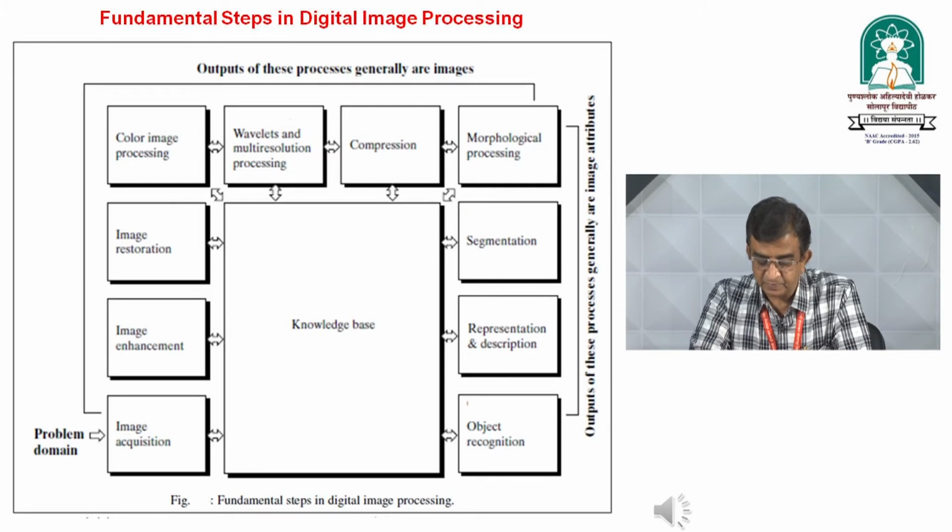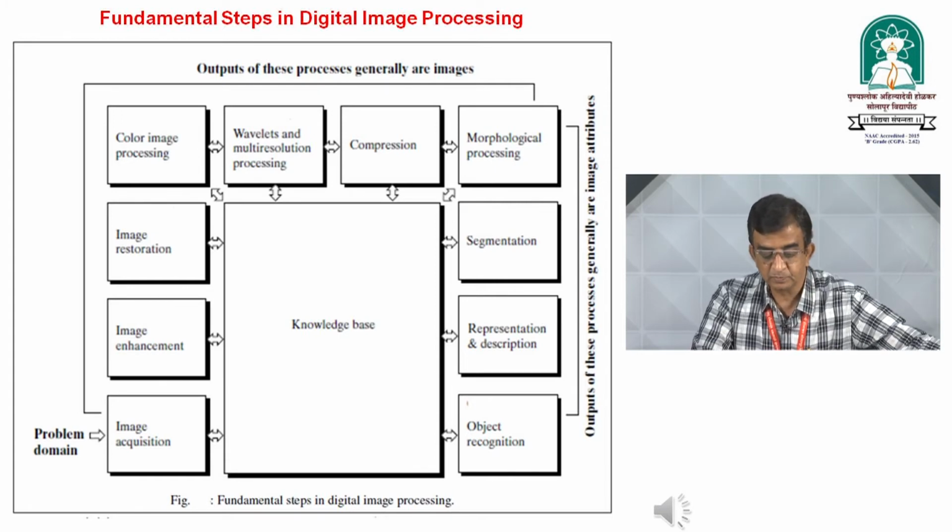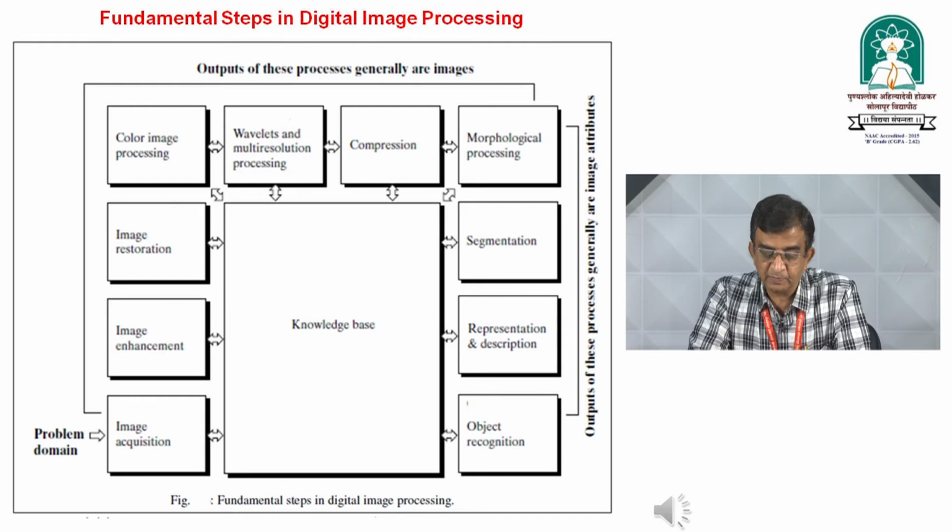Regional representation is appropriate when the focus is on internal properties such as texture or skeletal shape. Description is also called feature selection, which deals with extracting attributes that result in some quantitative information of interest or are basic for differentiating one class of objects from another.